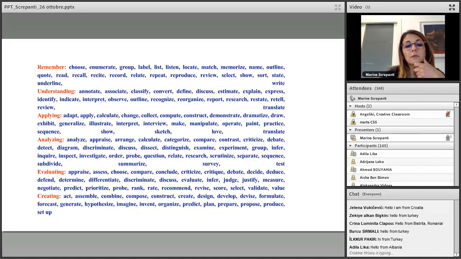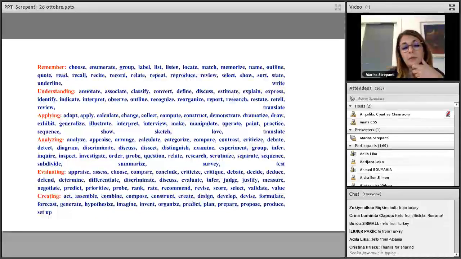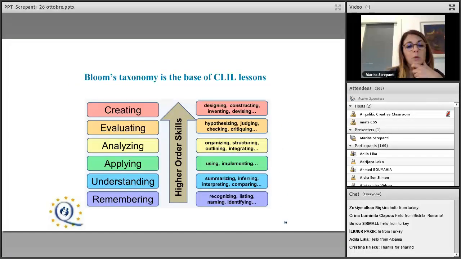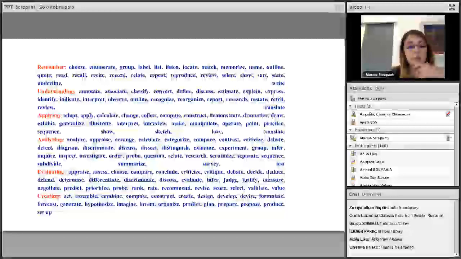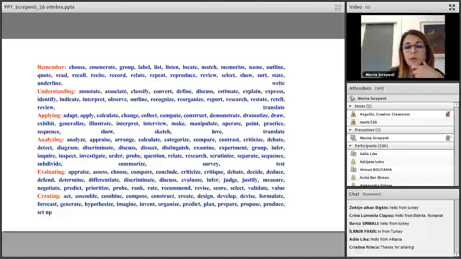These are the verbs that can help us plan the activities. So if you consider, for example, remembering, I want to show you again this phase, which is the lowest. You can be helped by this slide because you can choose your activities considering these verbs.